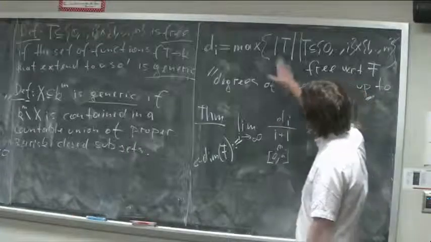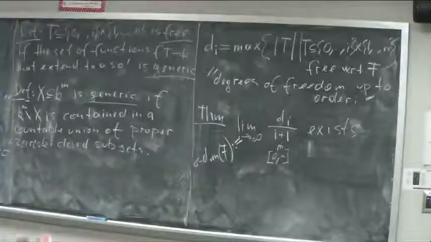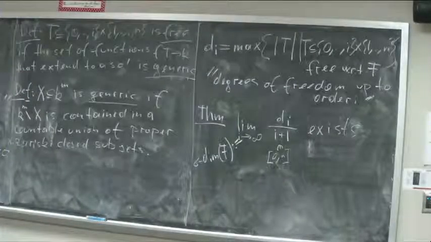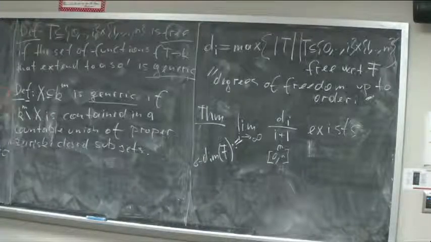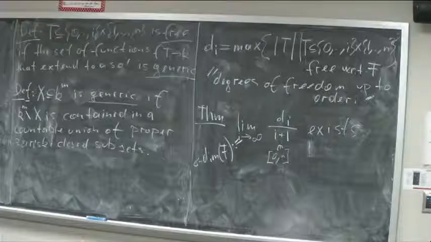It's the maximum, for each i, but that maximum is still generic, right? It's different for each i. But then for every i, you're requiring that to be generic. No, there's not really any requirement.